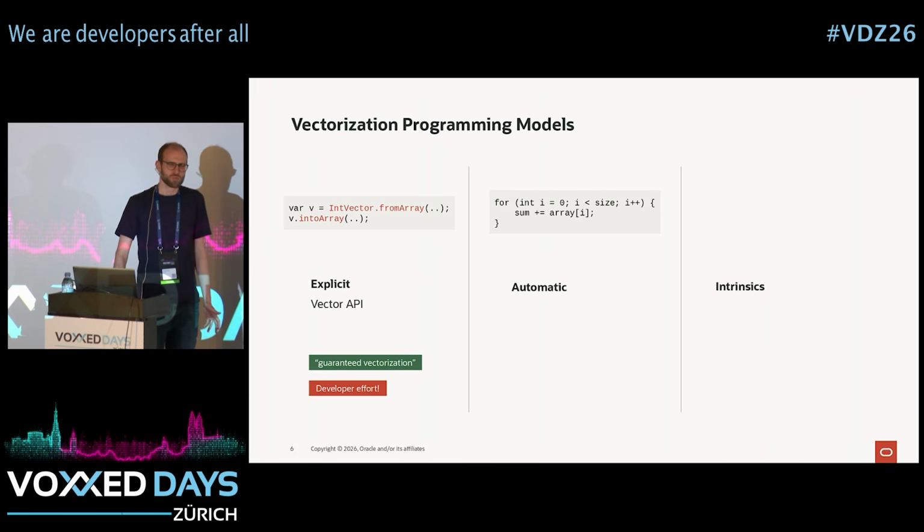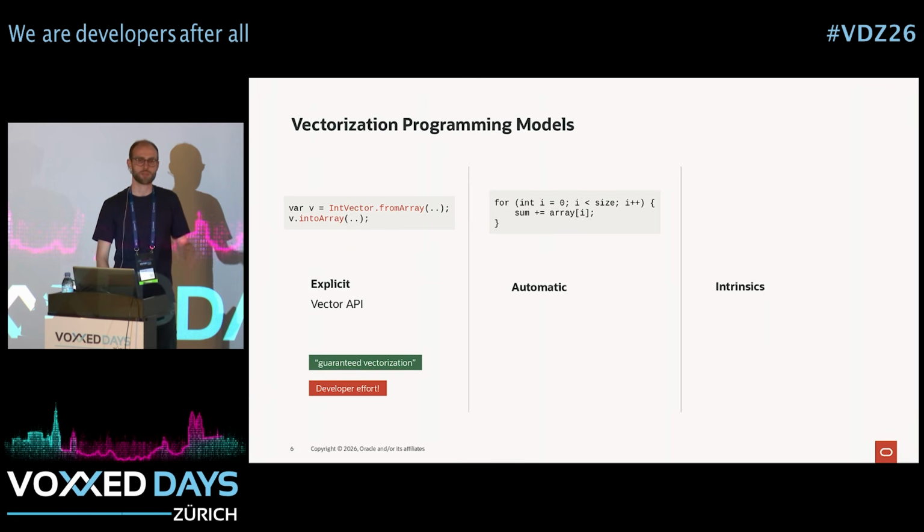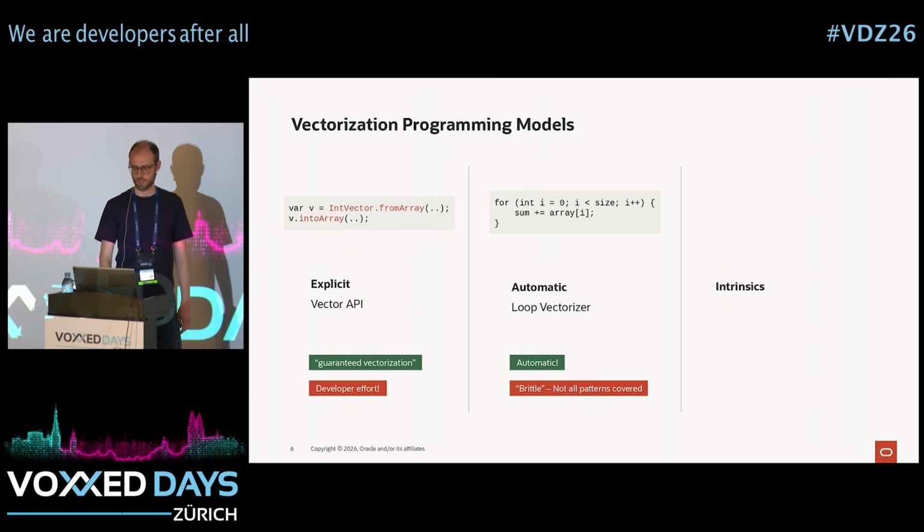If you're not really worried about performance, you can still rely on the auto-vectorizer. In many cases, it will do the job for you. You just write your regular Java code, single element fashion, and you hope that automatically the compiler optimizes it for you and uses vector instructions.